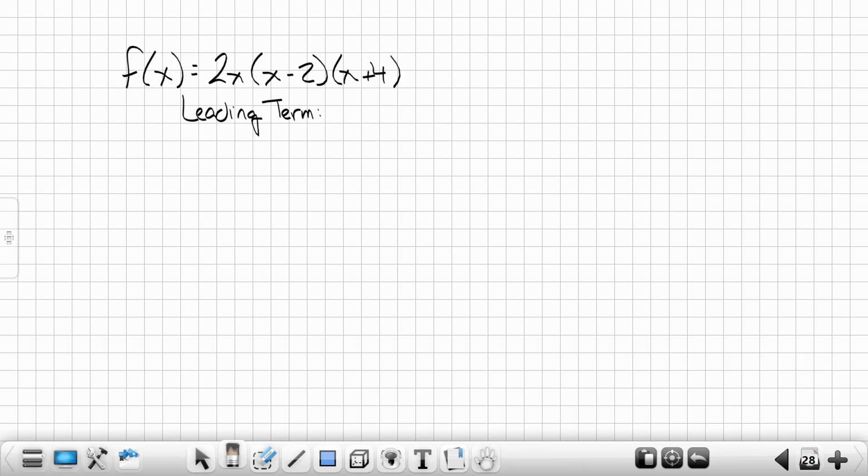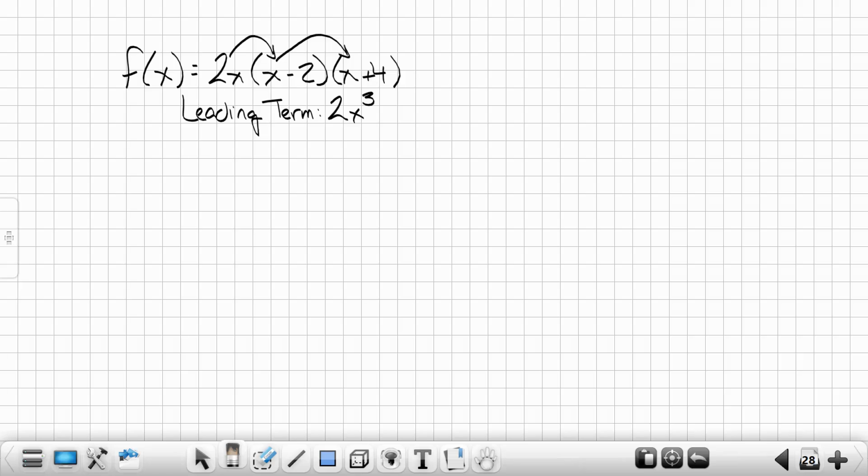2x cubed. My leading term would be 2x times x, and then that would be multiplied by another x. So my leading term would end up being 2x cubed. That would be followed by something x squared, by something x, by just some number at the end of it all. But still, my leading term is 2x cubed.